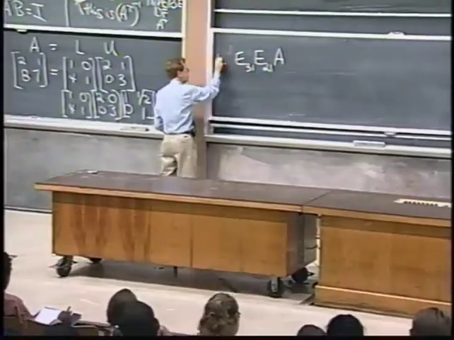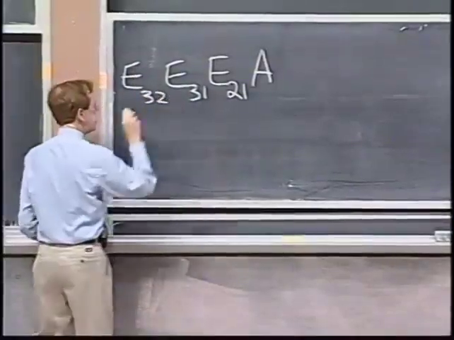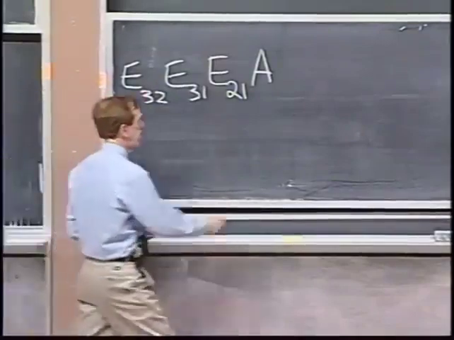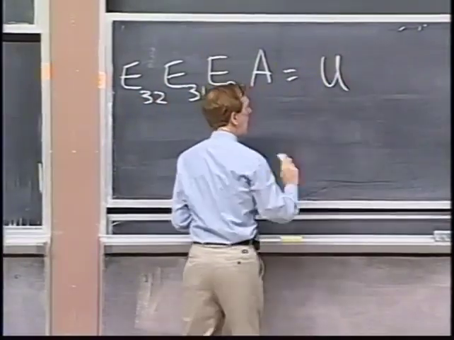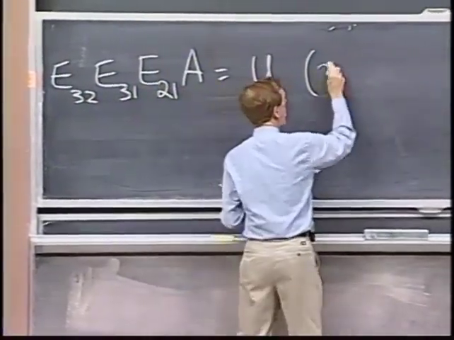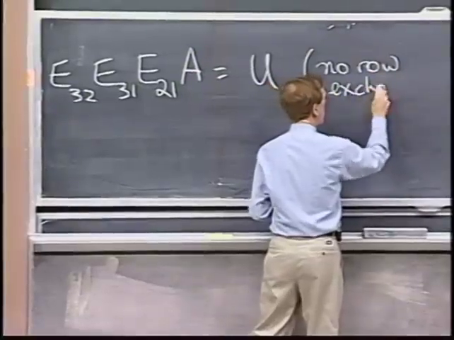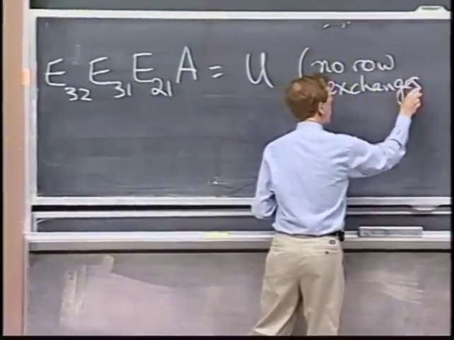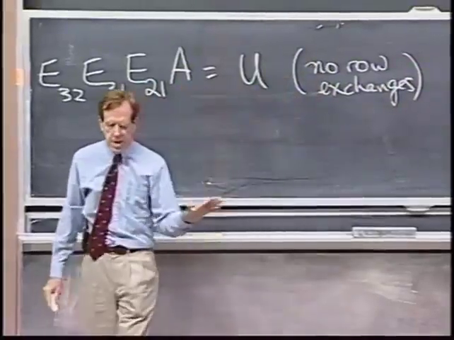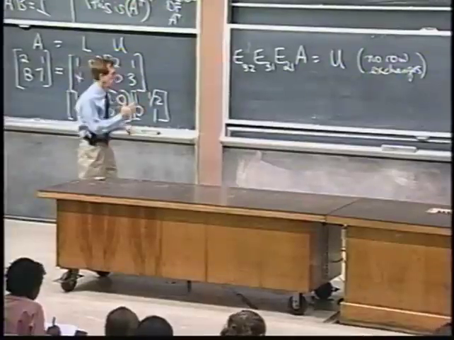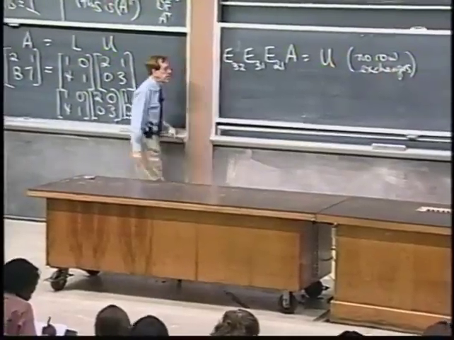And the final step will be to get a 0 in the 3,2 position. That's what elimination is, and it produced U. And again, no row exchanges. I'm taking the nice, typical case now, when I don't have to do any row exchange, all I do is these elimination steps.